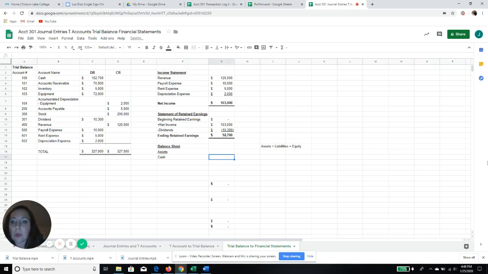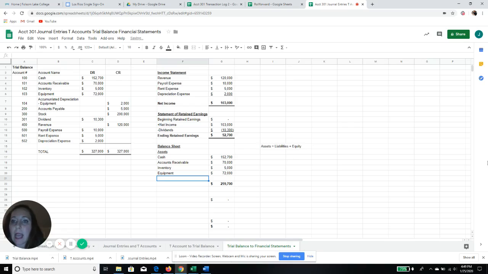And we're going to list that as $152,700. Then we go to accounts receivable. Again, I'm just following my trial balance, $70,000. And then inventory, just listing my assets, 5,000, and equipment, which was 72,000.